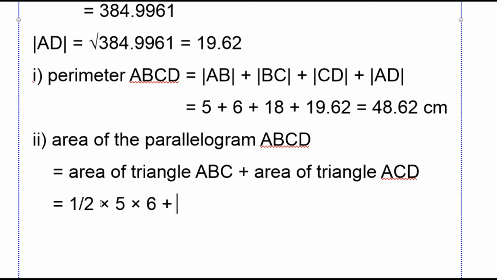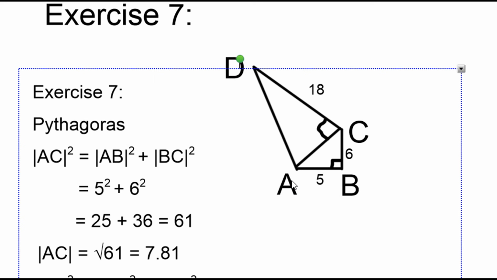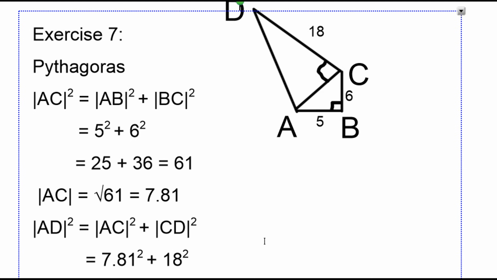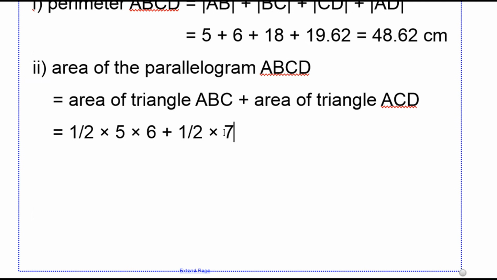plus 1/2 times the base of ACD. The base of ACD is AC, which is giving us 7.81, times the height of triangle ACD, which is 18.